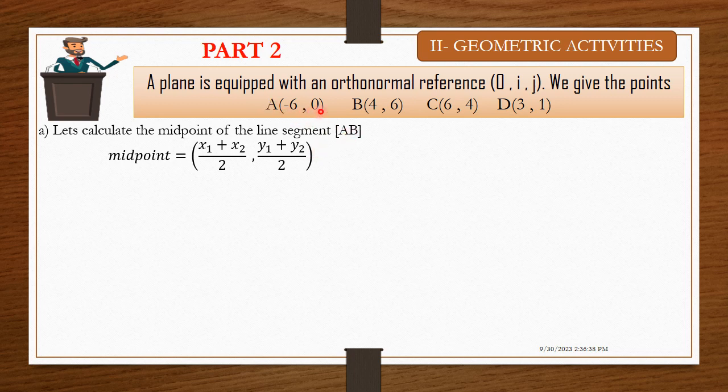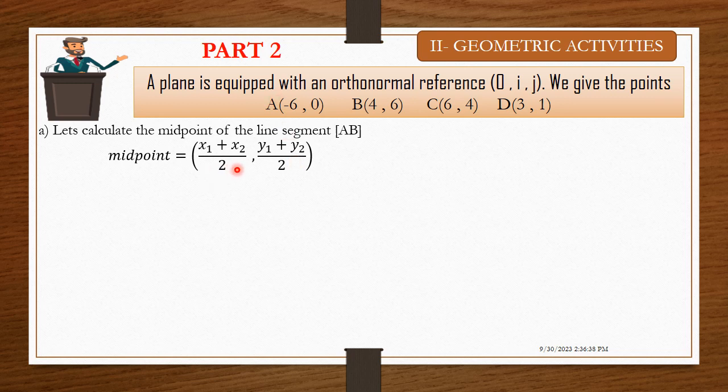This is the point A, and this is the point B. In the point A, we have the first coordinate, which is known as the x coordinate, and the second, which is the y coordinate. So right now we are going to give it the name x1, y1, x2, and y2. That way we are simply going to fit it into the formula.